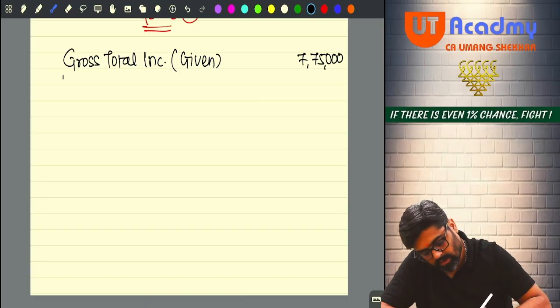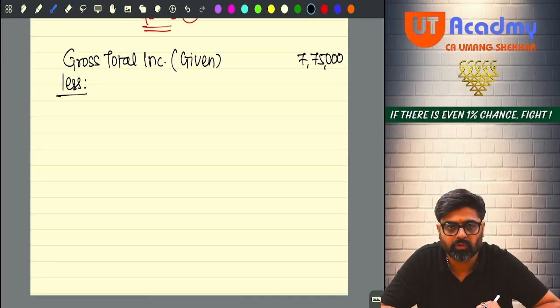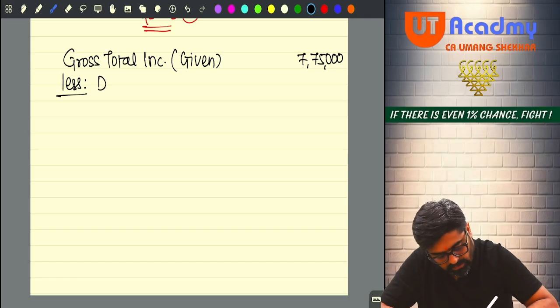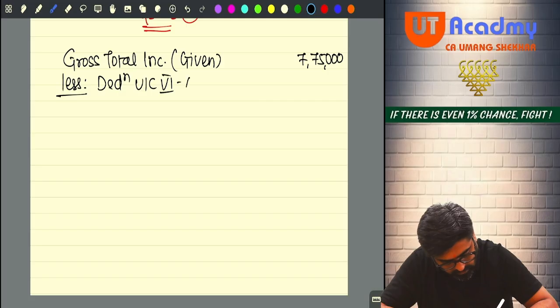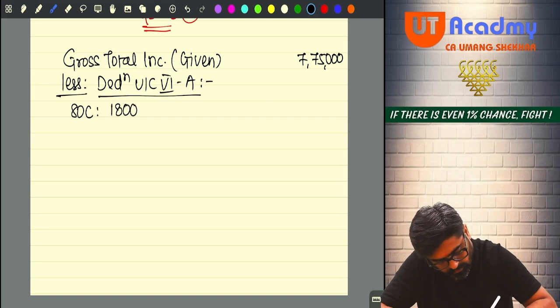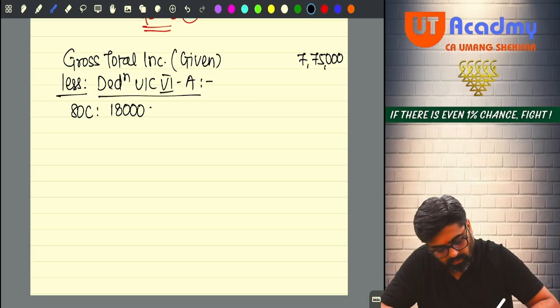Yes or no? Less: is there any special income in GTI? No. So I can directly claim Chapter VI-A deductions out of this? Yes. So deductions under Chapter VI-A. This will be 80C. How much is 80C? 18,000 only, or 1,50,000, whichever is lower.